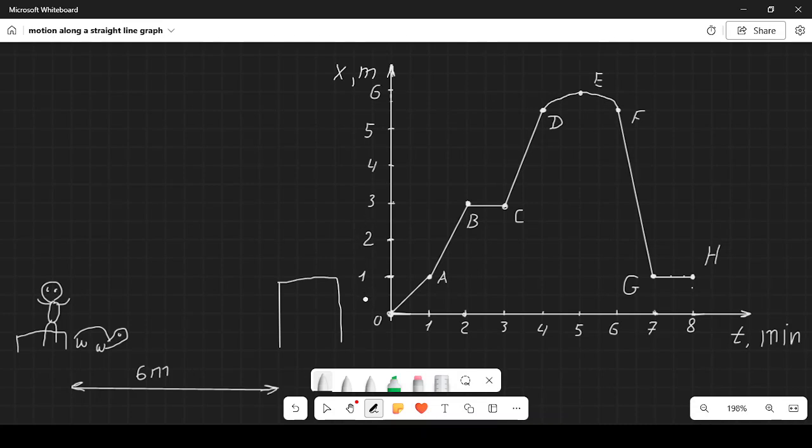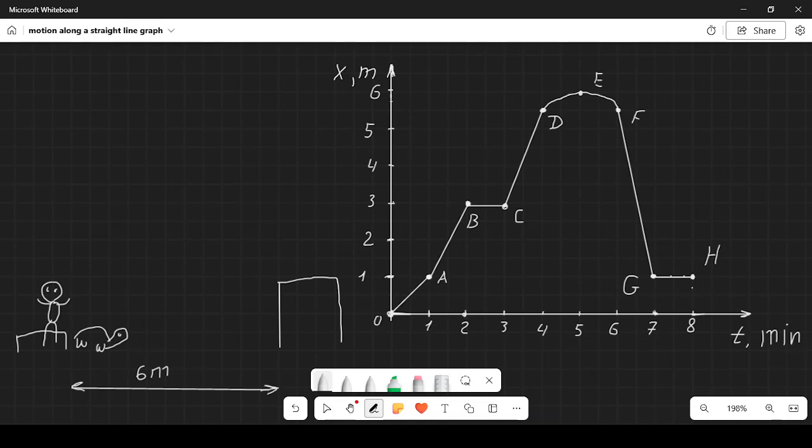And let's say the journey took 8 minutes. The time we have in minutes and the position in meters. Let's read our graph and try to understand how the turtle moved.